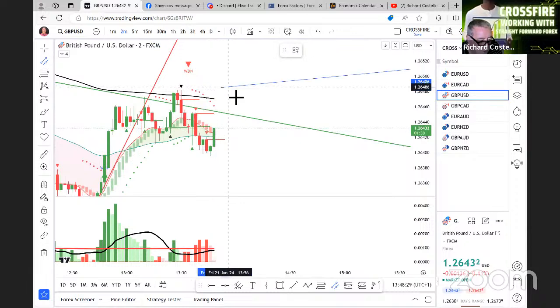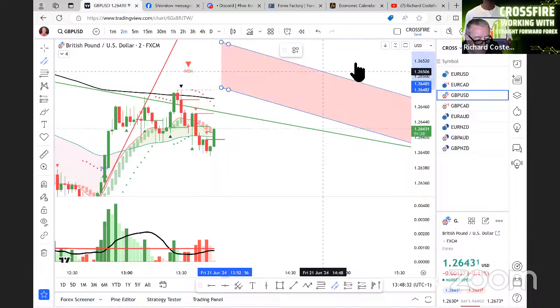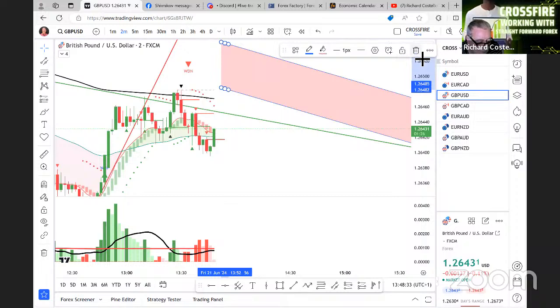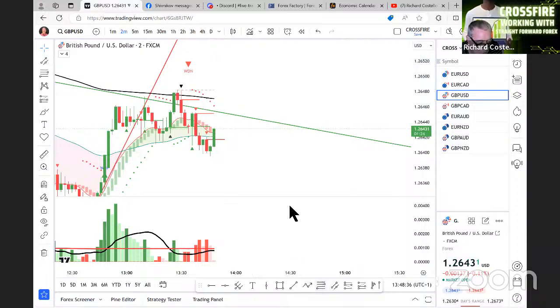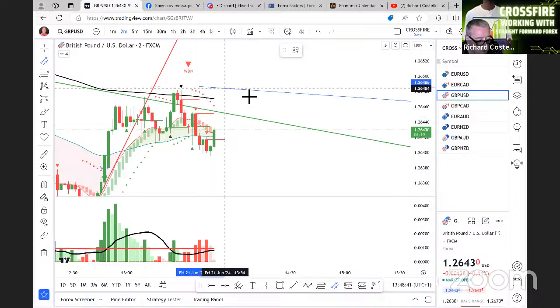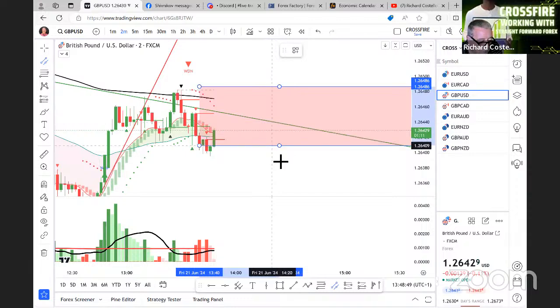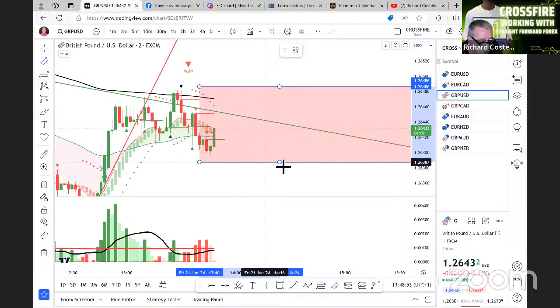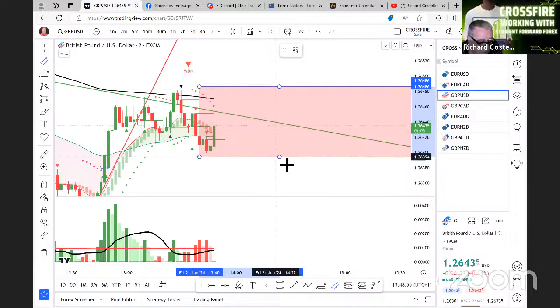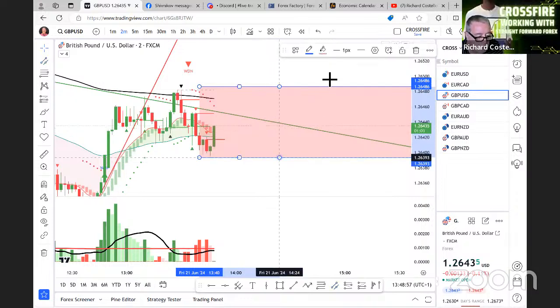I'll get rid of that and start again. Parallel channel. You need price to get above that line there. And if I'm going to get into a sell, it certainly needed to go below where it was just there. But I'd need to come back and reanalyze once I get the alert.